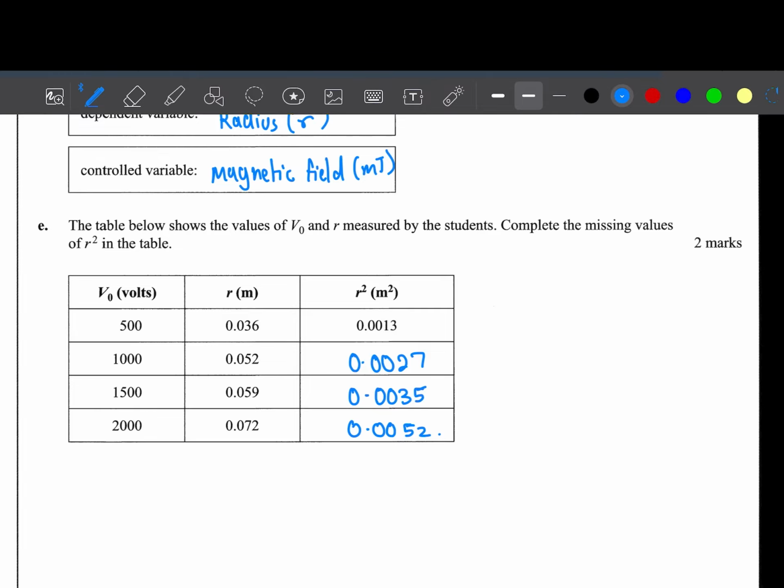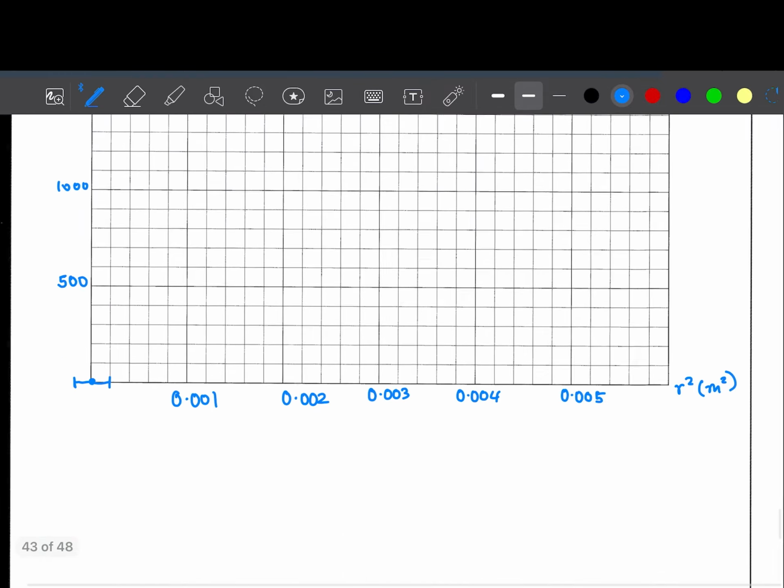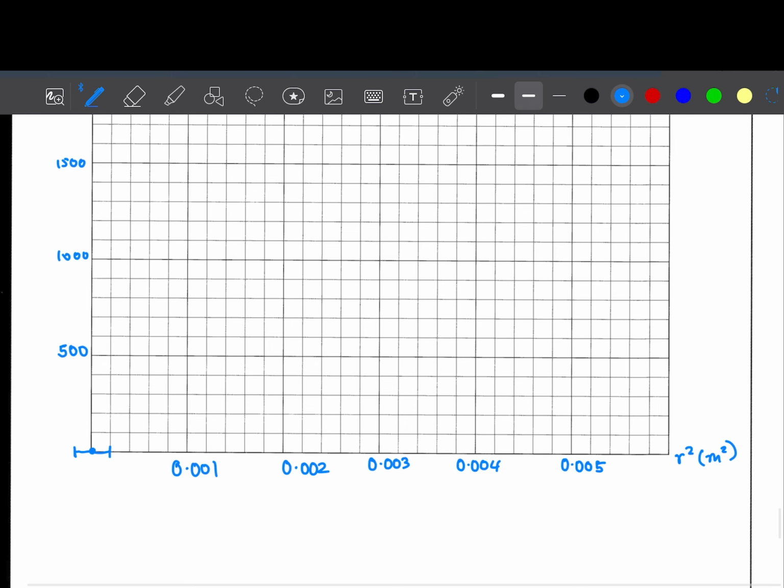Yeah, it's going to be 0.0013 at 500. So that is going to be here, and the uncertainty is going to be like this and like that.